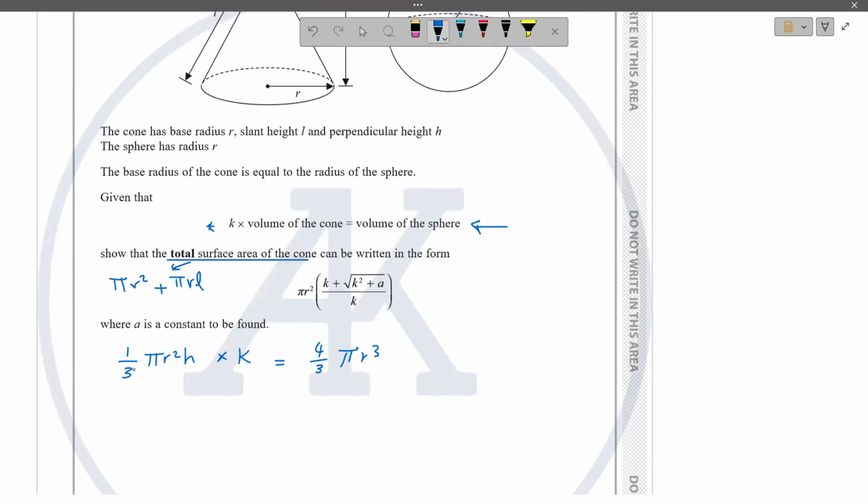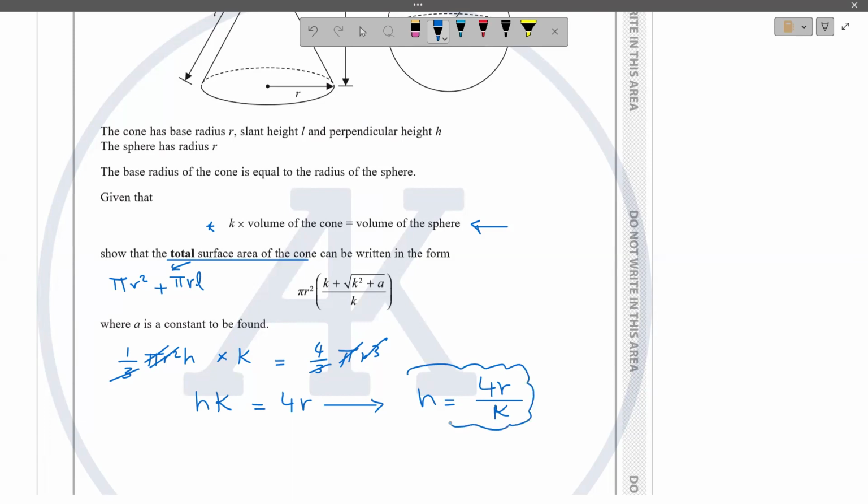Let's simplify by multiplying by 3 on both sides, dividing by pi, dividing by r squared. So we find that hk equals 4r, so h equals 4r over k, or r equals hk over 4, which is the same.